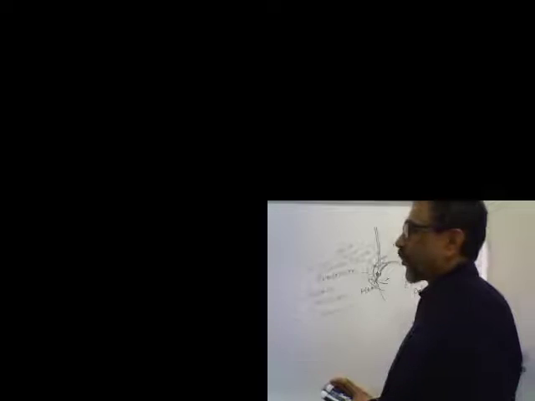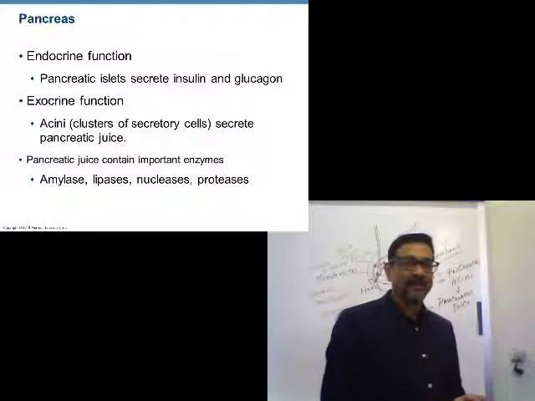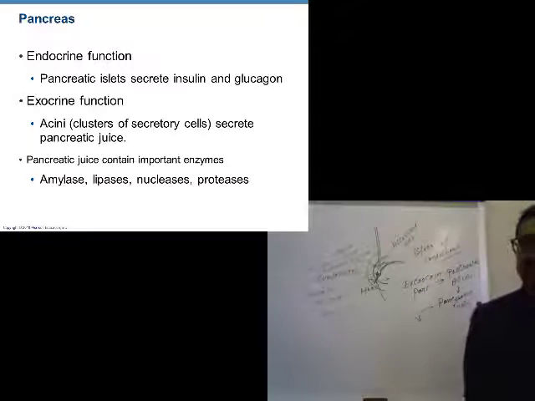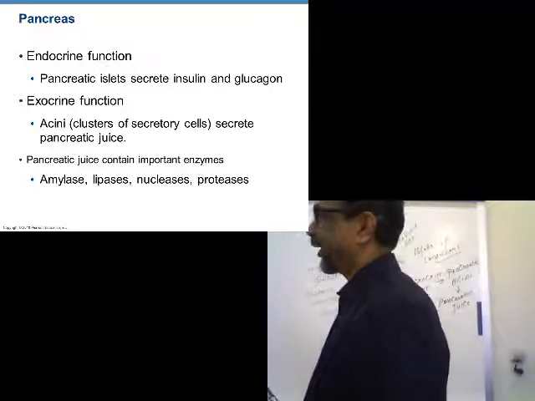Now, pancreatic juice is very important. Why? Because pancreatic juice contains digestive enzymes. Amylase, pancreatic lipase, nucleases, and proteases. So those are the components, or enzymes present, in the pancreatic juice. Amylase for starch digestion or carbohydrate digestion, lipases for lipid digestion or fat digestion, proteases for protein digestion, nucleases for nucleotide digestion.